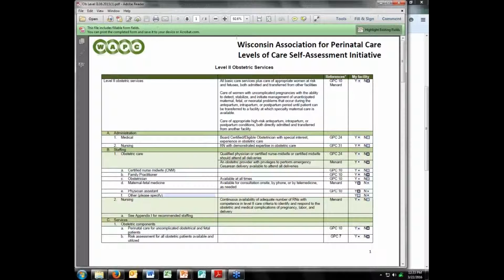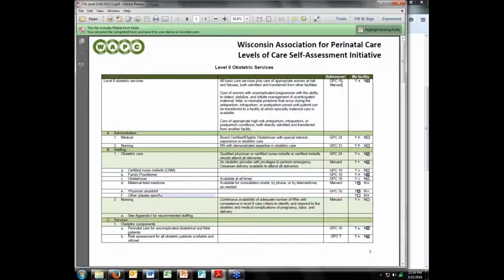But anyway, all the level forms are set up the same way, so that you've got the title, the level of services that it covers, and then we have these categories: additional comments, references, and GPC refers to the Guidelines for Perinatal Care, 7th edition, with the page number.